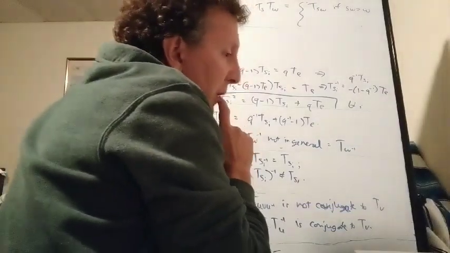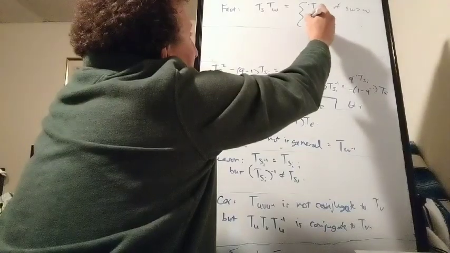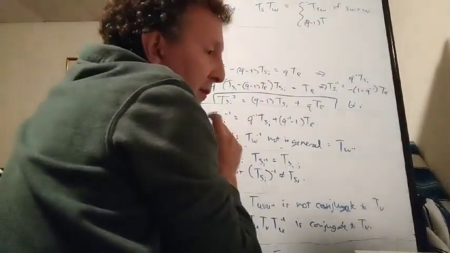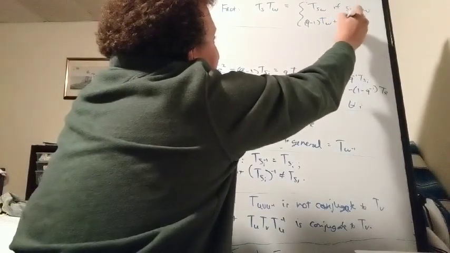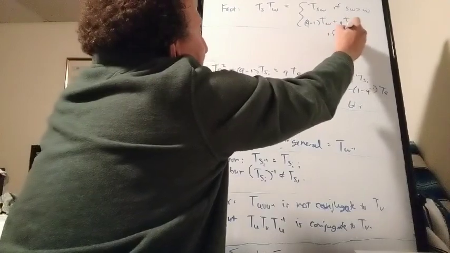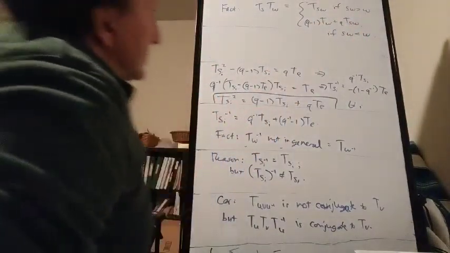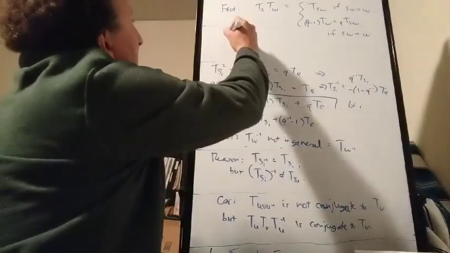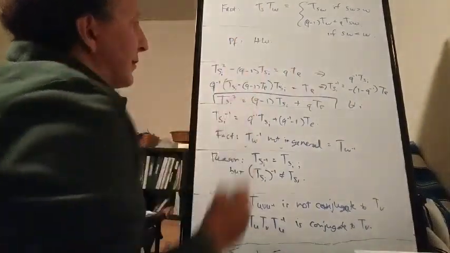And it's equal to (q minus 1) T_w plus q T_{sw} if sw is less than w in the Bruhat order. This proof is not too difficult. I will leave it for homework.